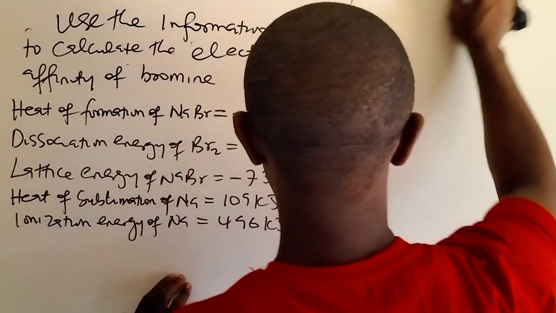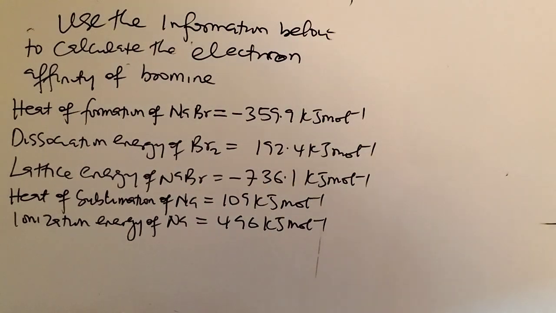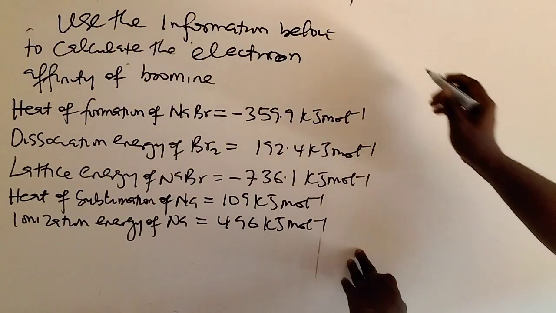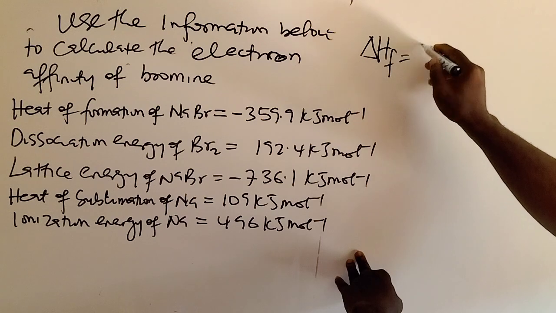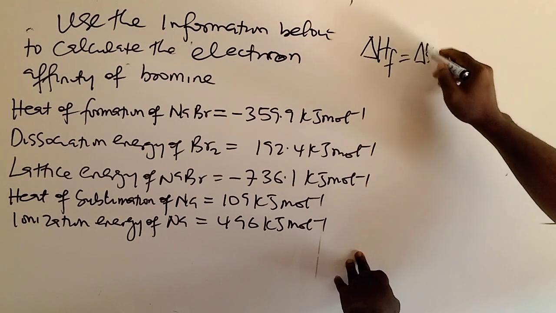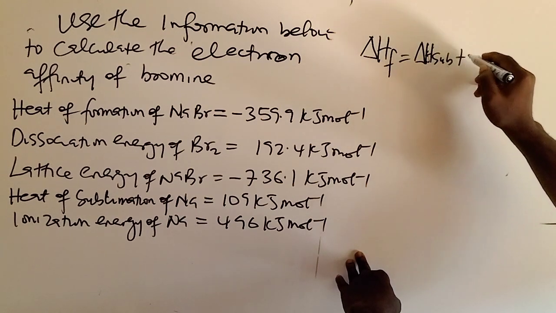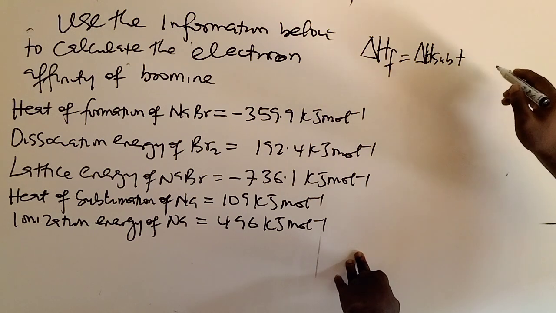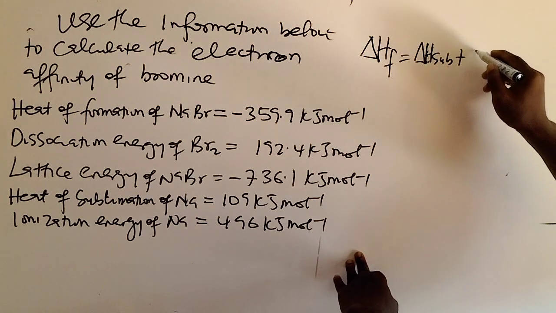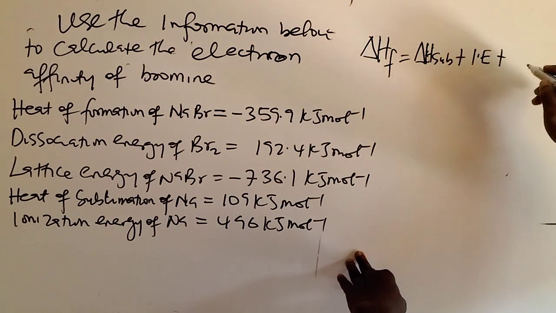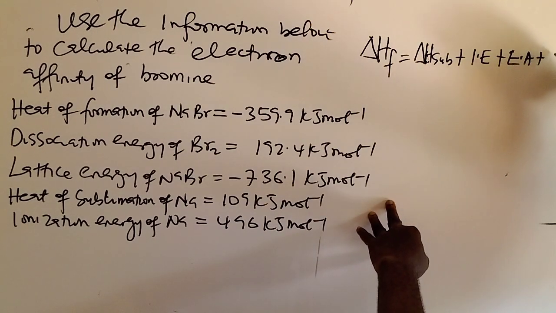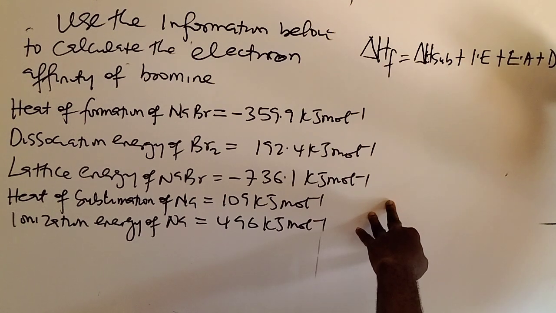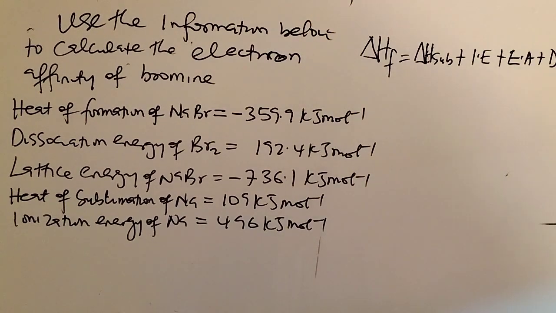So for the same formula we introduced before, for enthalpy of formation using the Born-Haber process and Hess's cycle, we have the enthalpy of sublimation, plus the ionization energy, plus the electron affinity, plus the bond dissociation energy, plus the lattice energy, all added together.